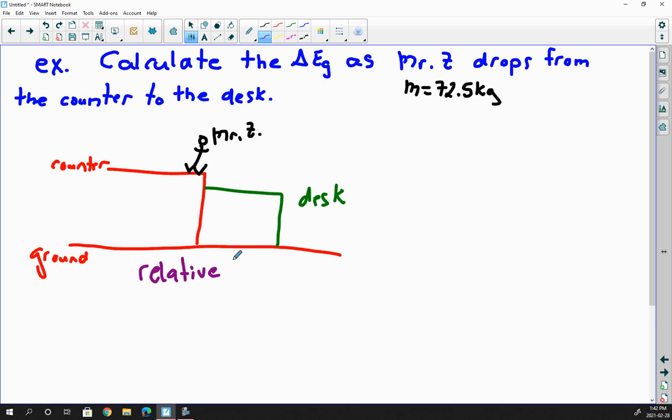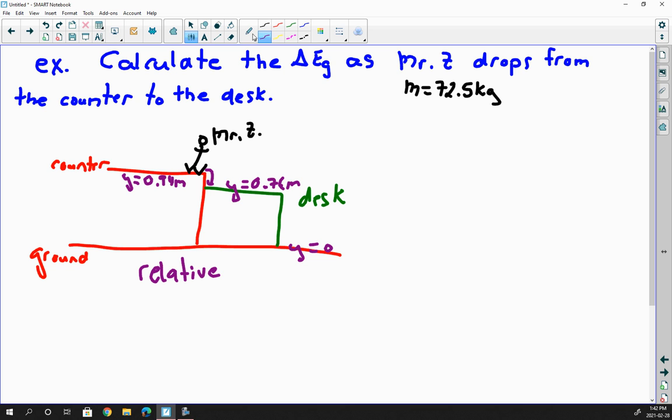So what we're going to do in this question is say the ground is y equals 0. The desk is y equals a height of 0.76 meters. And the counter we'll say is y equals 0.94 meters. So Mr. Zafiro is going to drop from here to here.